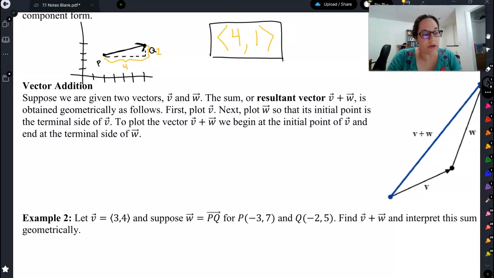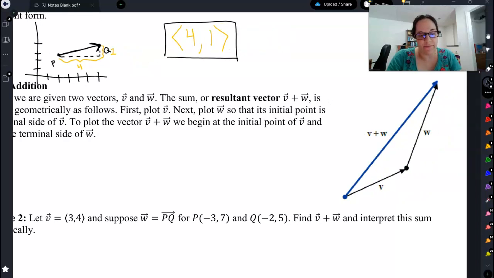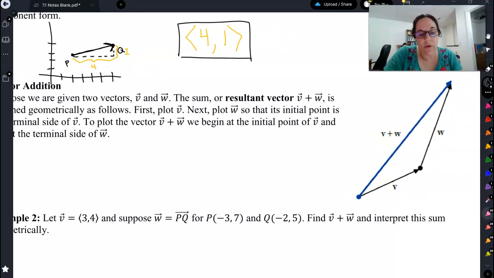The first way we're going to talk about is vector addition. So if I want to take two vectors, let's say vector V and vector W, and I want to add them together, you start by taking vector V, and then you line vector W up where vector V ends.